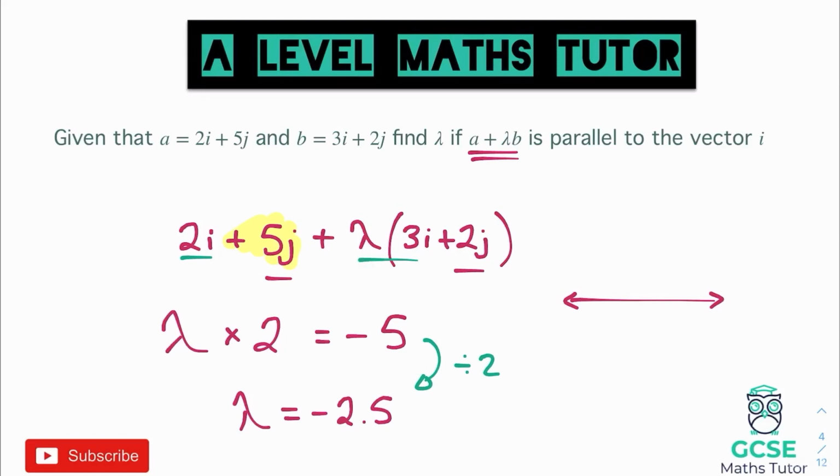Well, 3 times negative 2.5 would give us negative 7.5 lots of i, and combining that with the 2i there would leave us with minus 5.5i. So that would be our resultant vector, and minus 5.5i would move to the left by 5.5. Or you could even put minus 5.5 there in terms of what direction or movement this is going in. So there we go, that's how we're going to approach a question like this.